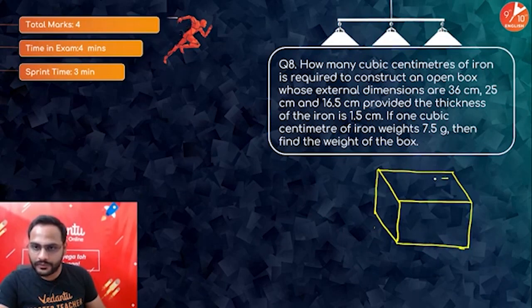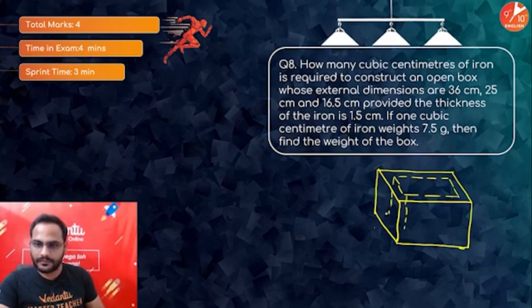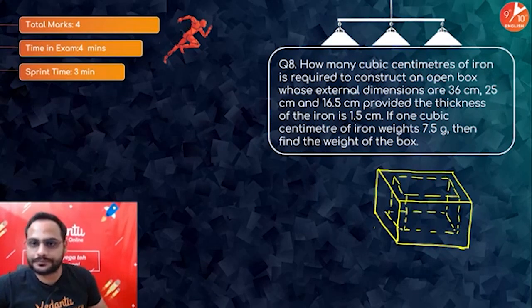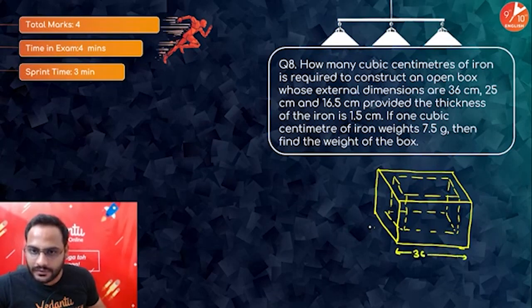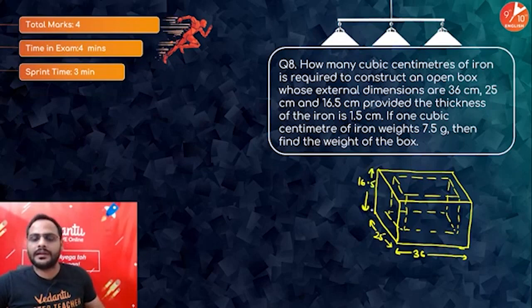Now suppose inside something like this it will be looking. Okay, a kind of hollow box. ठीक है, hollow box you have. So देखो, external dimensions are given 36, 25 and 16.5 centimeter. This is a hollow box, so we need to find out the internal dimension also.